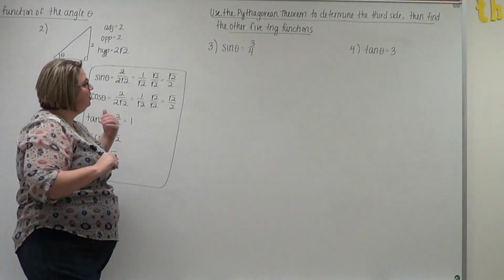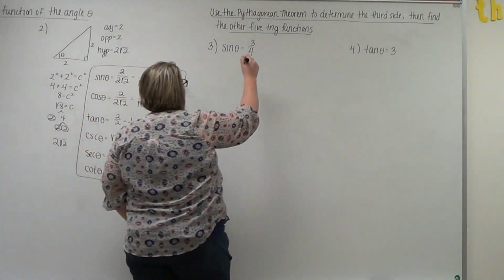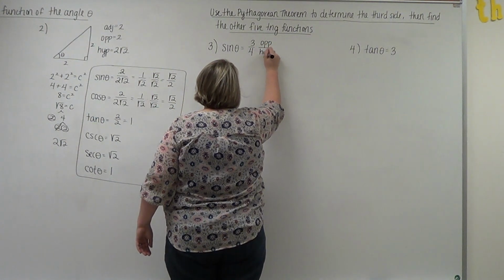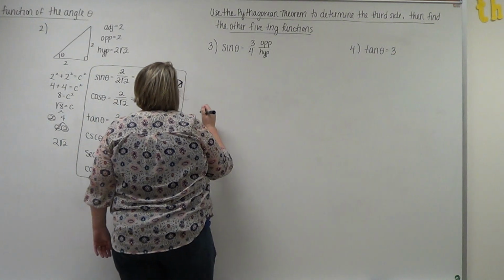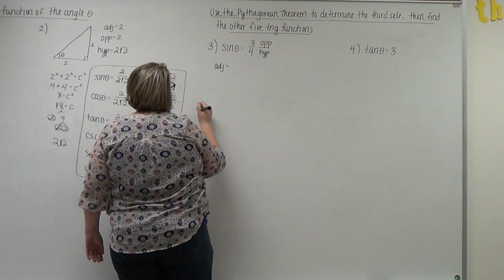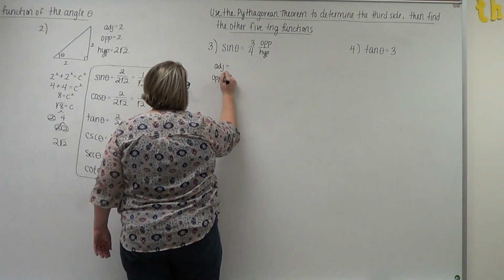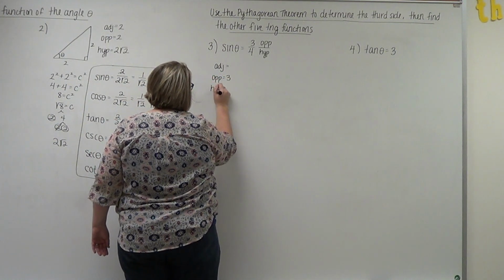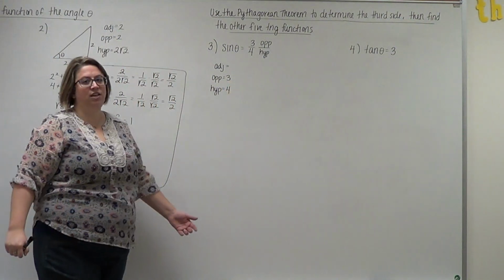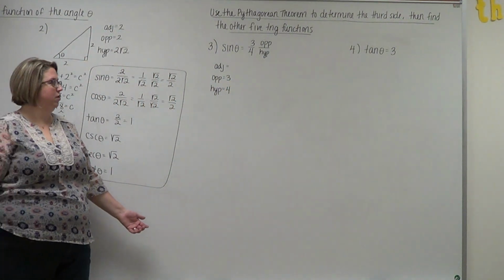Okay, so if I'm given sine is equal to opposite over hypotenuse, the only thing I'm missing that I need is my adjacent, because I know my opposite is 3 and my hypotenuse is 4. So to find the adjacent, we're going to use the Pythagorean Theorem.